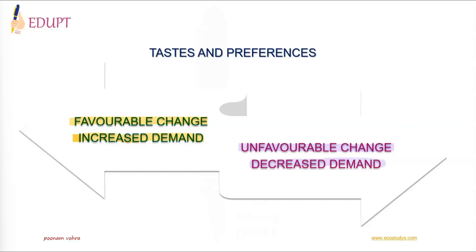For example, if there is a particular type of trousers in fashion, its demand would increase even if its price rises. But if that particular trouser is not in fashion, then its demand would decrease even if the price of the commodity falls.